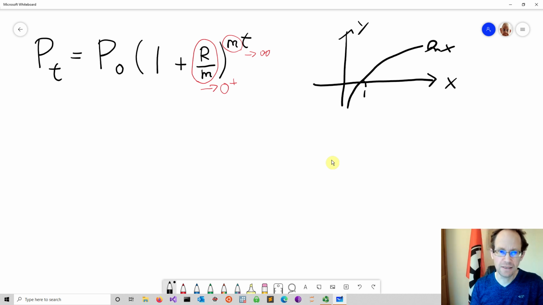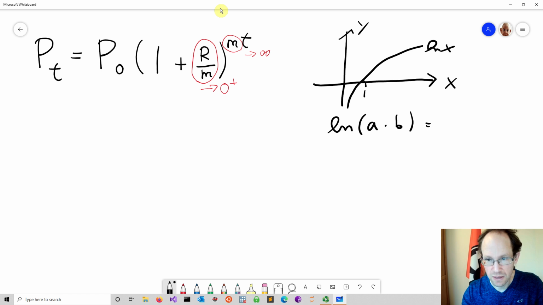Now the ln has nice properties which we exploit. One property we exploit is the following. Ln of a times b is ln a plus ln b. That's useful. The other one is also useful. Ln of a divided by b is ln a minus ln b.